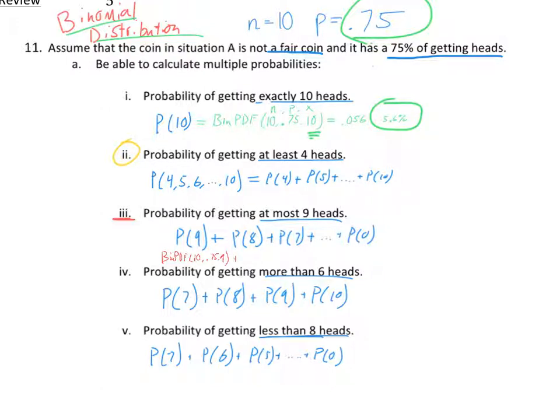Then I could add that to the binomial PDF with 10 trials, 0.75, and 8 successes, and continue on. I could do that step by step by step.